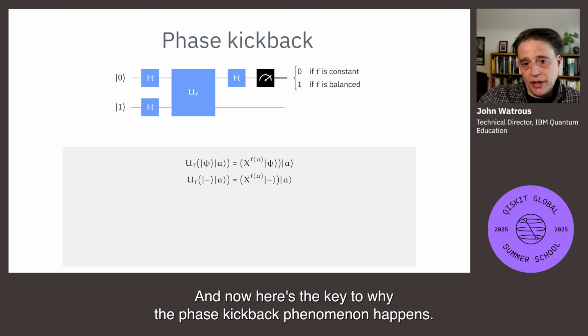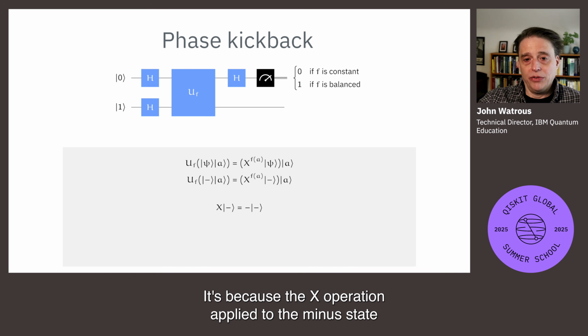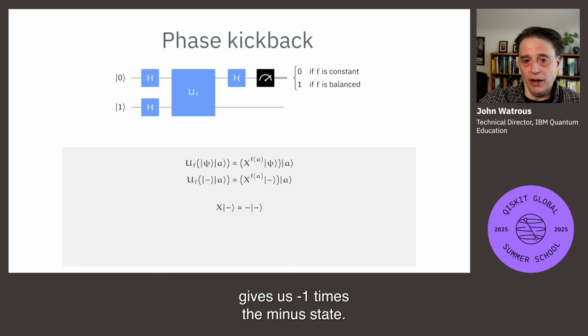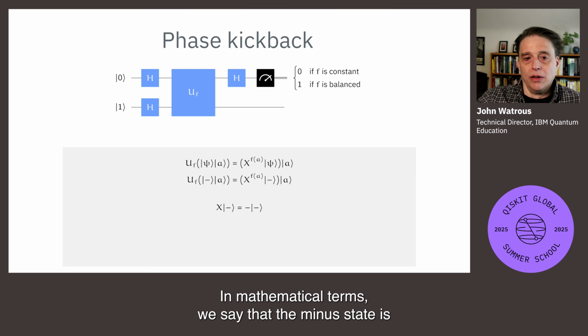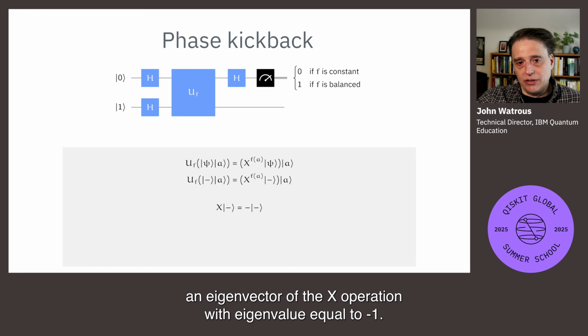And now here's the key to why the phase kickback phenomenon happens. It's because the X operation applied to the minus state gives us -1 times the minus state. In mathematical terms, we say that the minus state is an eigenvector of the X operation with eigenvalue equal to -1.